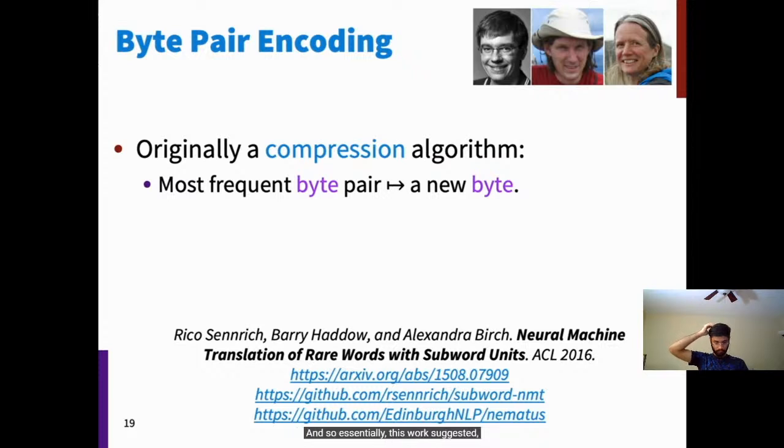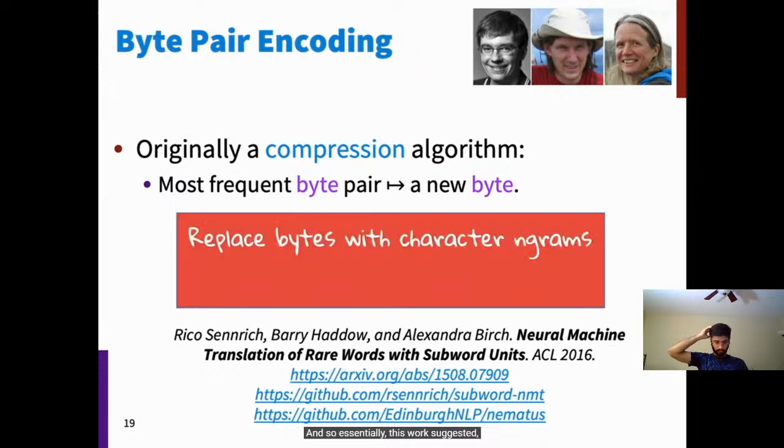And so essentially this work suggested, well, we could apply this kind of compression algorithm and use it as a way of coming up with pieces of words that were useful, doing it not strictly with bytes despite the name, but instead with characters and character n-grams.